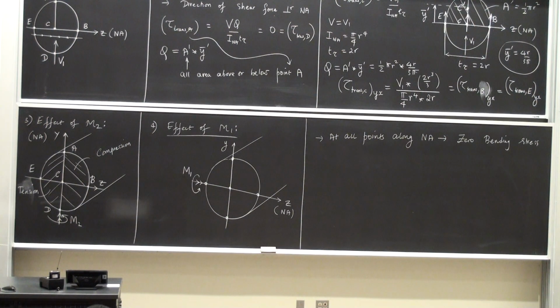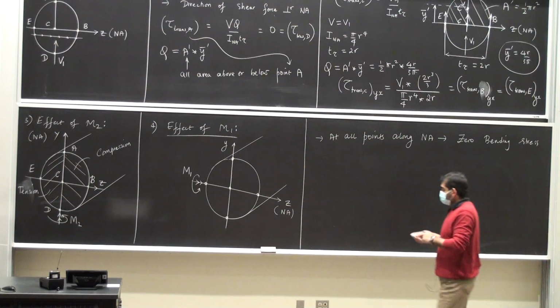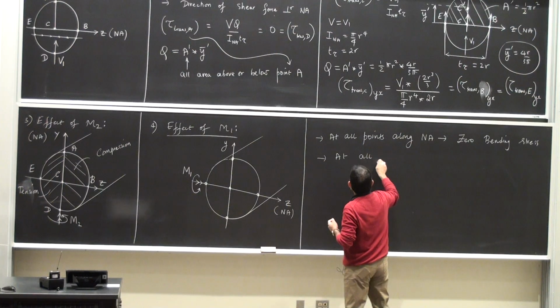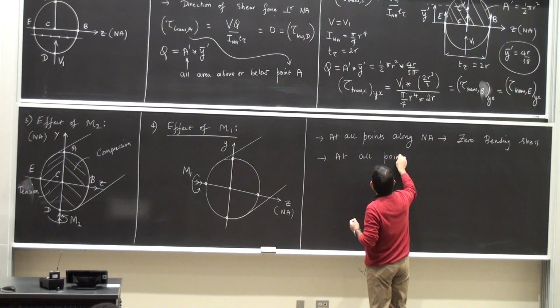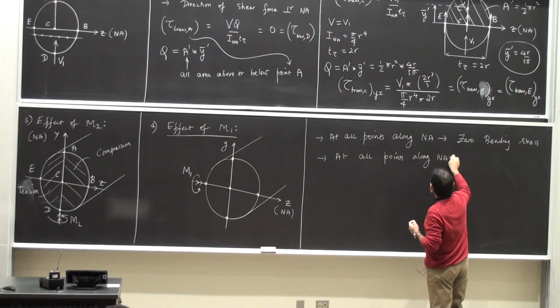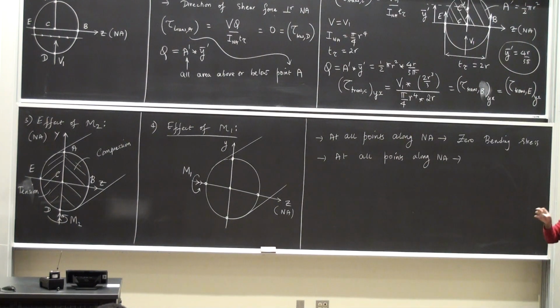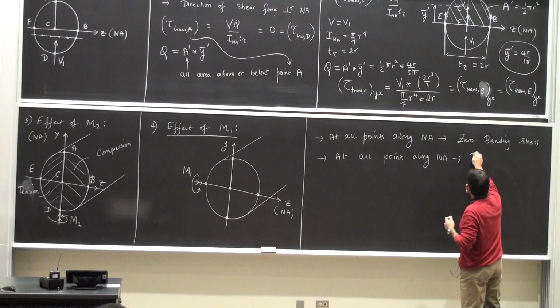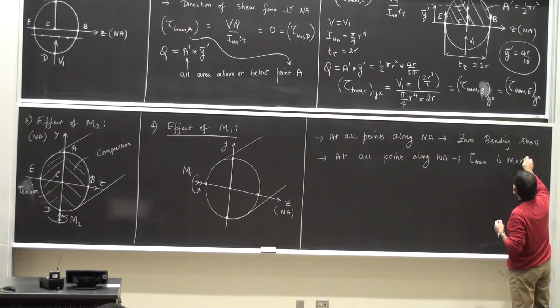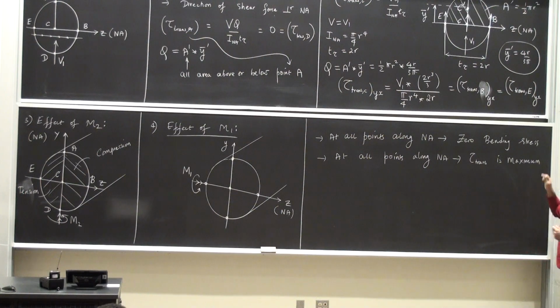For the bending stress, all points along the neutral axis. For the shear stress, at all points along the neutral axis, the transverse shear stress is a maximum. Please never forget these two statements.